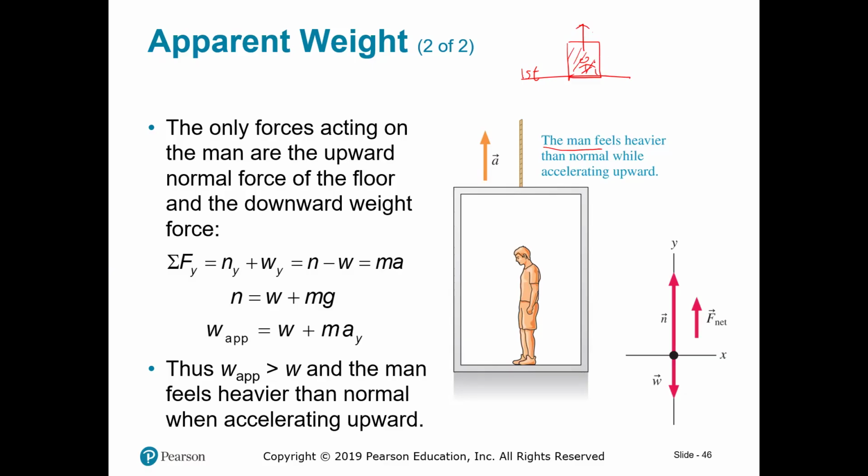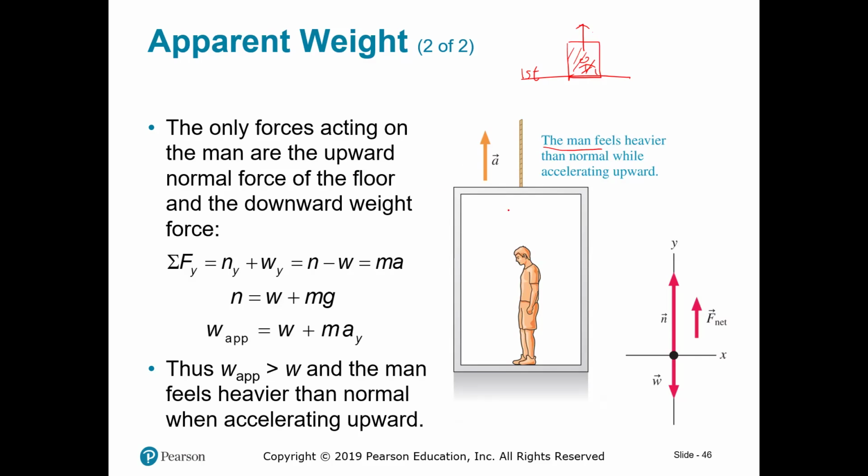Close your eyes, imagine you are on the first floor in the elevator, and the elevator starts moving up. How do you feel? You feel heavier than usual. That's the sensation of the normal force, which is called apparent weight.